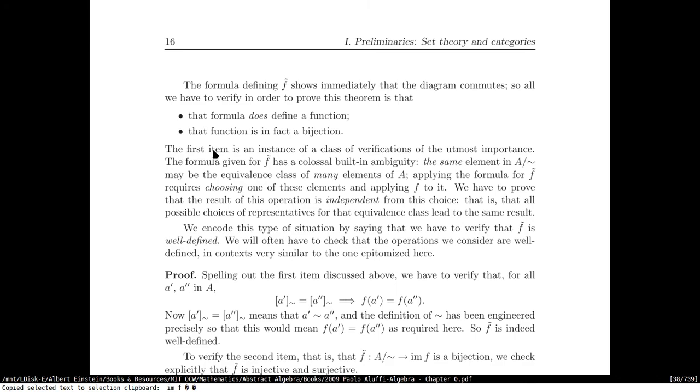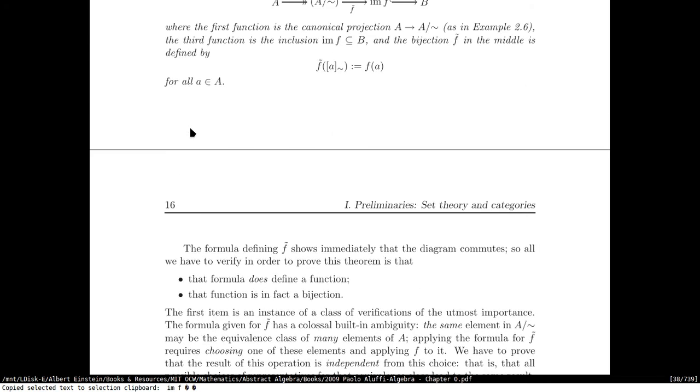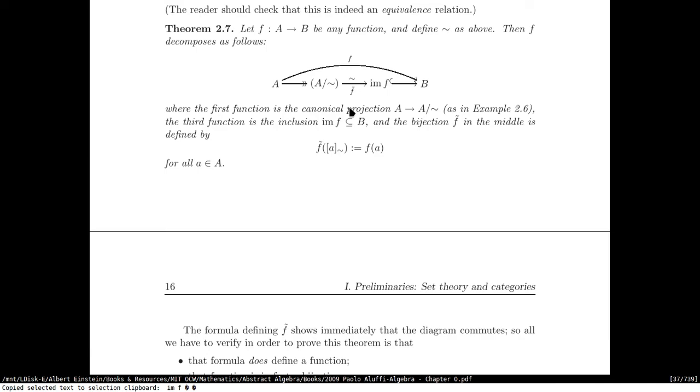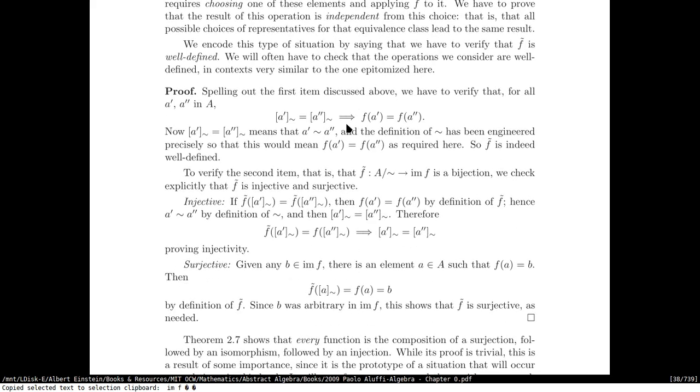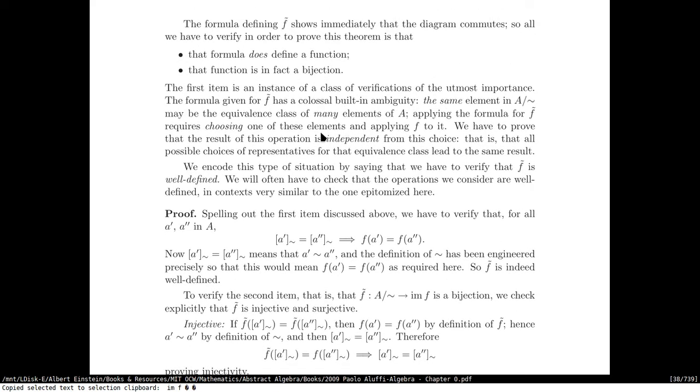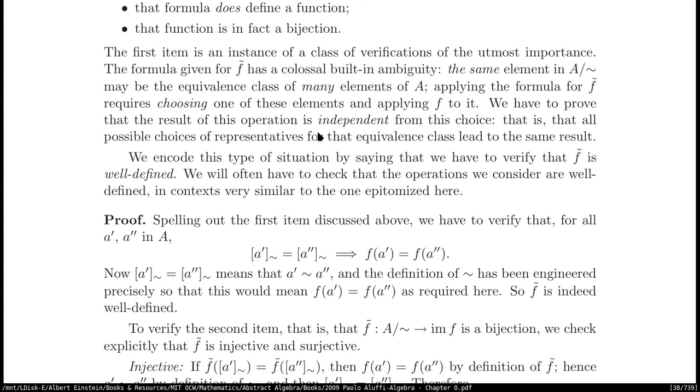What we have to verify is that we can define f tilde as a bijection, and we need the commutativity of the diagram. That's the key part of this proof, and we'll go through it because it looks important. Any questions?